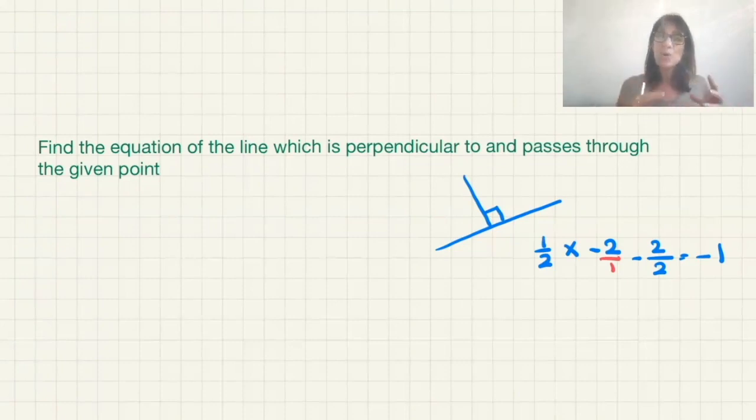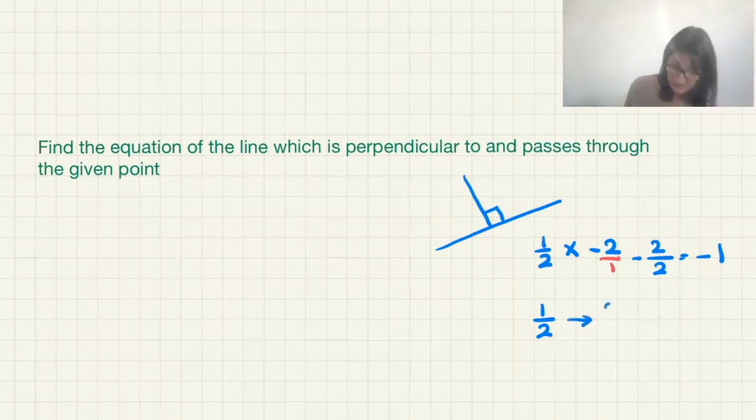I don't tend to work my gradients out with this, it has to multiply to -1, because there's another condition that's going on here. Okay, if I've got a half and take the reciprocal of that number, the reciprocal just flips it. 2 over 1, and 2 divided by 1 is 2.